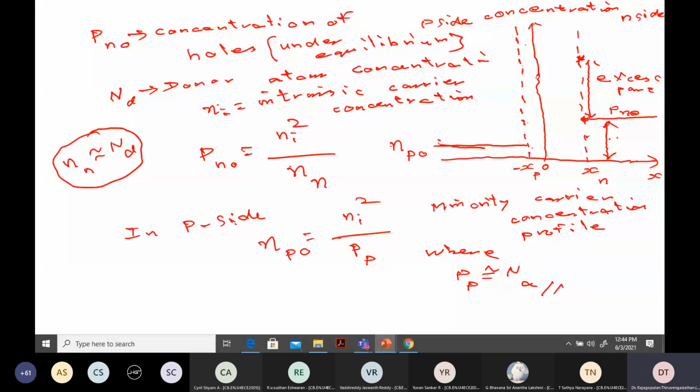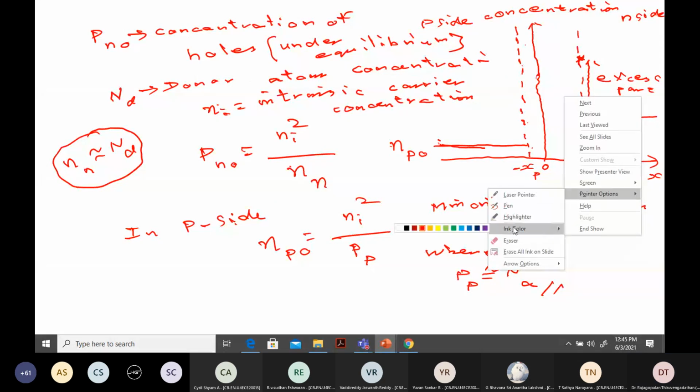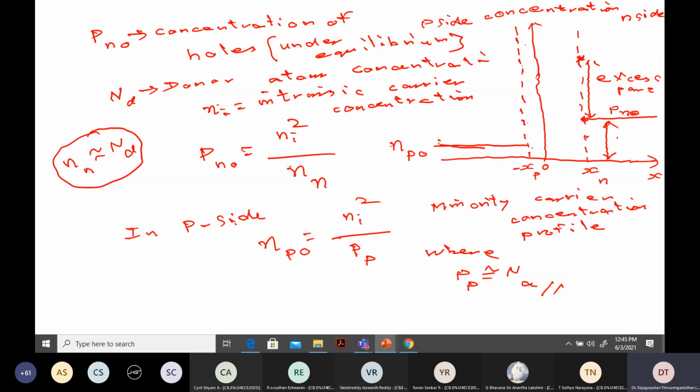Let me take a different color. So this is my equilibrium value, right over here.